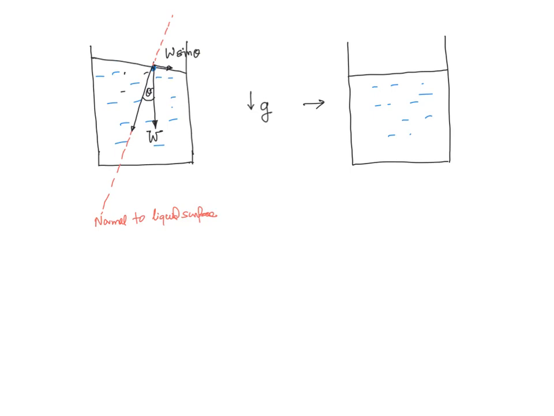Again, this W sin theta is shear force, because the force is tangent to the surface. So liquid can never stay like this. It will flow. It's not stable then. So it flows, moves here and there, and settles down so that the weight and the surface make 90 degrees, so that there is no shear force on the molecules on the surface of the liquid, else the liquid will flow.